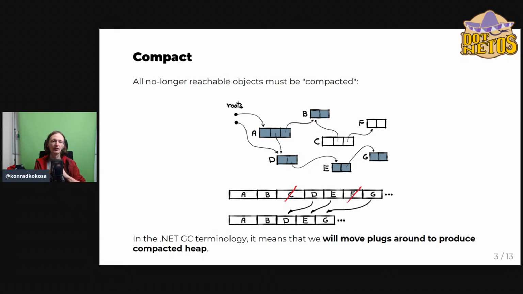Because in the end the GC groups reachable objects into so-called plugs, and then it will not consider moving individual objects, but whole plugs. Plug by plug, it will try to find a good place for a plug to produce a compacted heap.